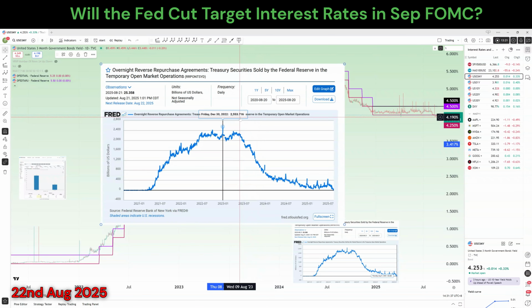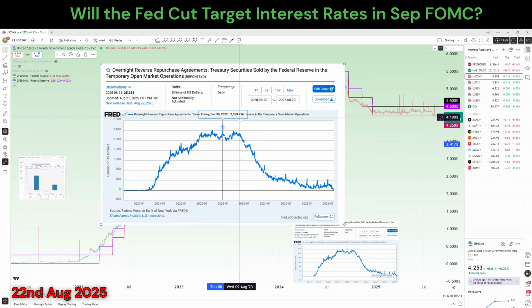If the Fed wants to restrict money supply, they'll borrow money at certain interest rates from those big institutions. We are talking about banks and funds, mutual funds, all these.